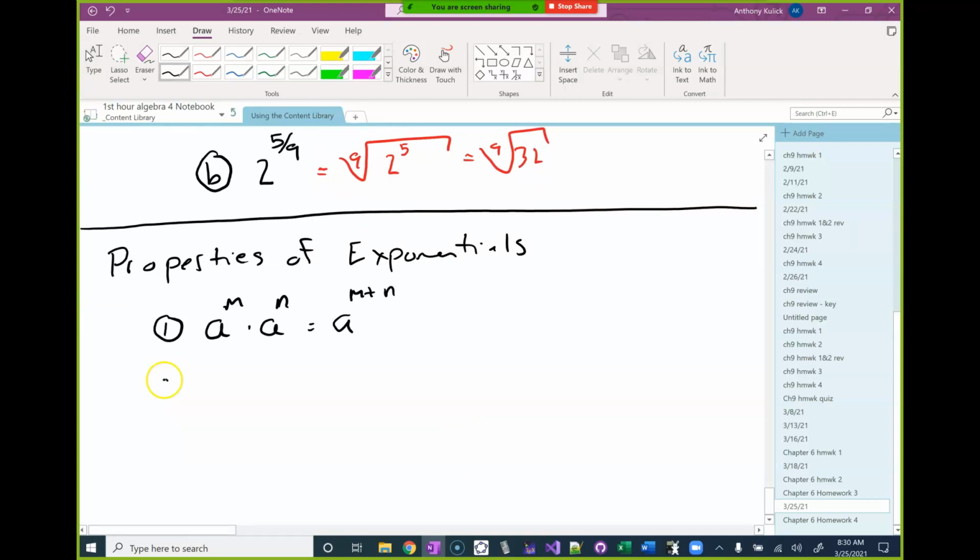So the second property is the exponent of a product. So if you have two things multiplied together, raised to the power n, that's the same thing as each thing to the power n multiplied together.